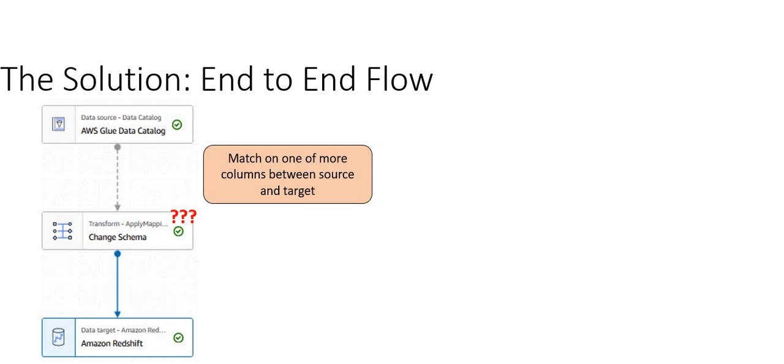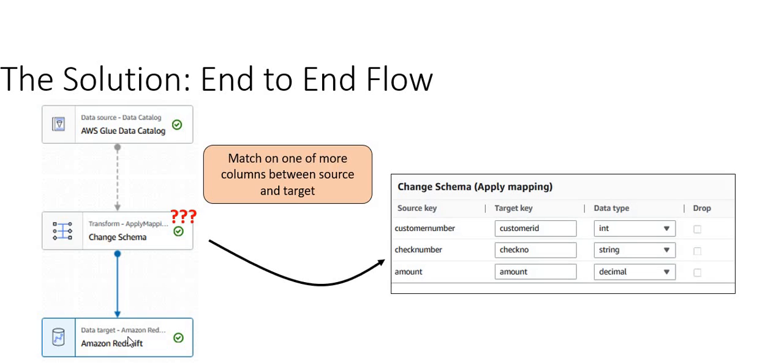So if you are trying to use the first option where you have to match on keys or match on columns, the schema has to be the same. In case your schema is not the same, you can use this change schema transformation to match the schema first, and then once the matching of the schema happens, you can start writing to the target location.